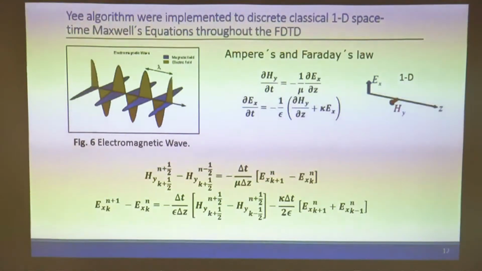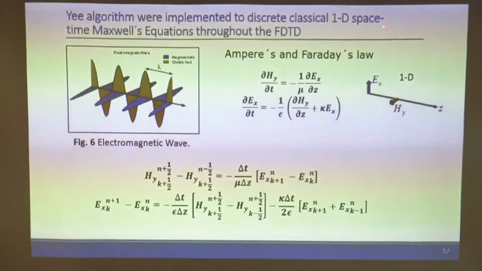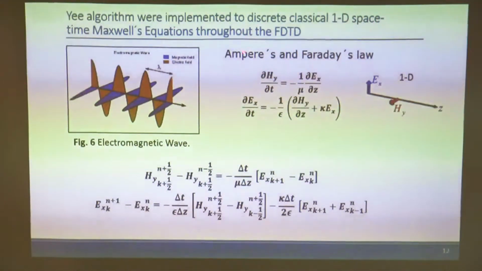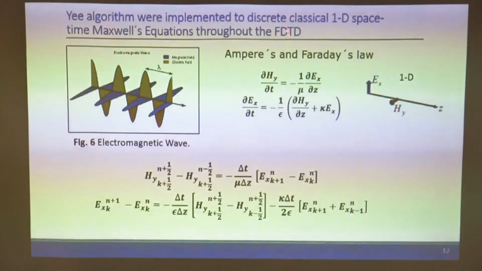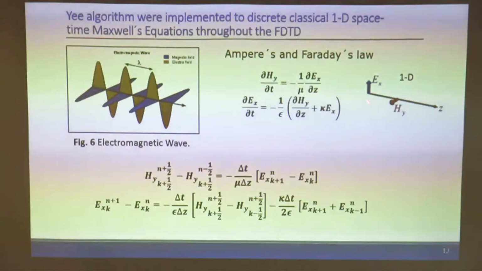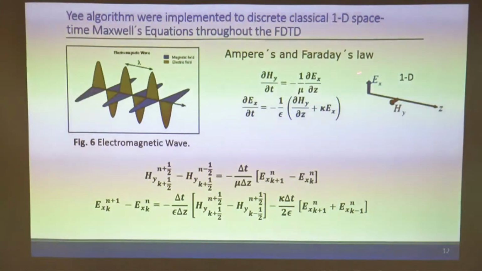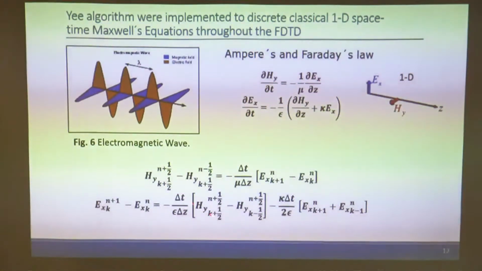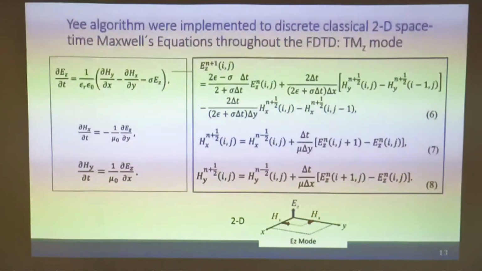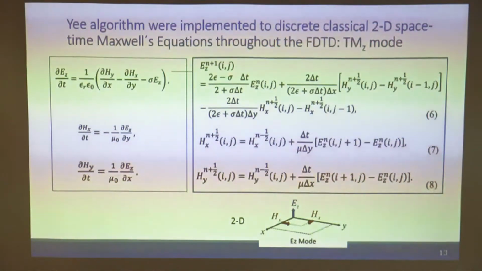And what I'm doing here is I have in 1D space the Maxwell equation through the finite difference time domain, and I have the Ampere's and Faraday's law equations. So I discretize here, and I have here the Yee algorithm in 2 dimensions.